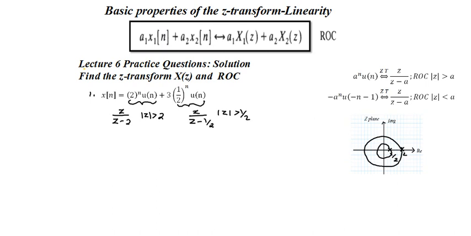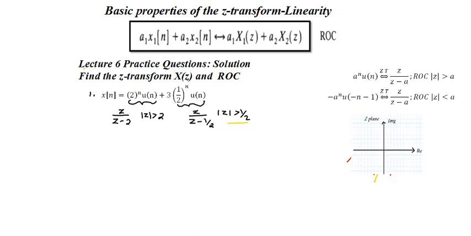One signal is greater than 2, and another signal is greater than 1 by 2. So there is an overlapping area for both signals. The ROCs overlap when the ROC is greater than 2.